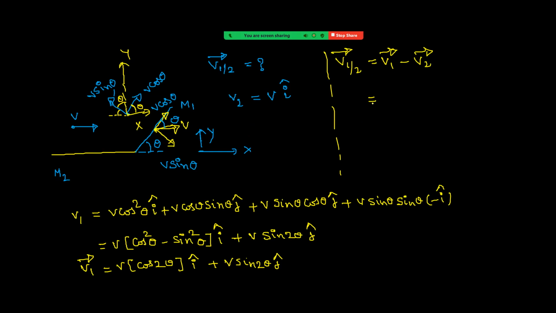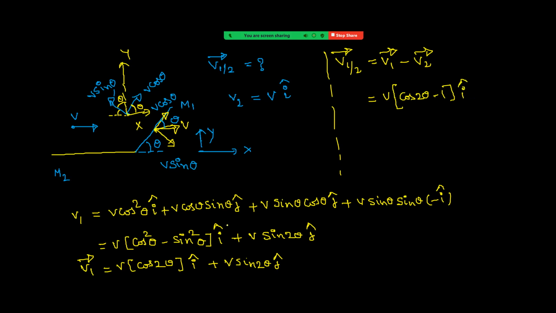That means I am taking v outside, remaining is cos 2 theta minus 1 i cap. Cross check once.